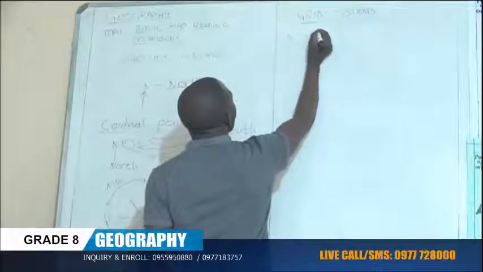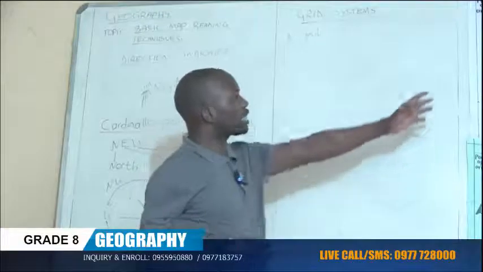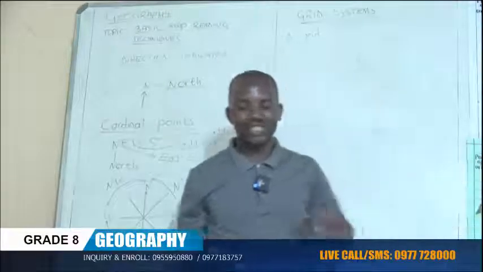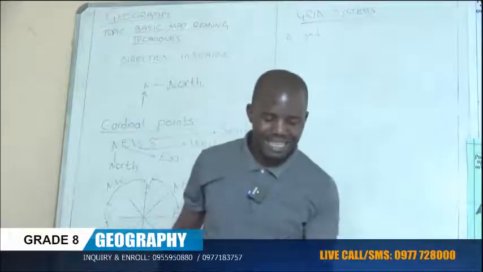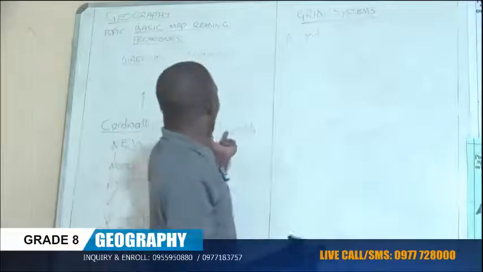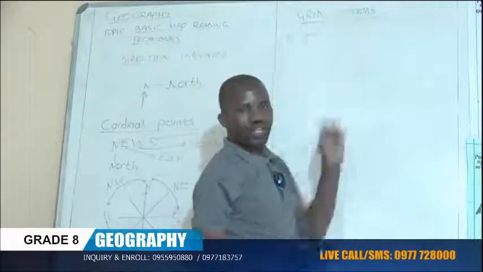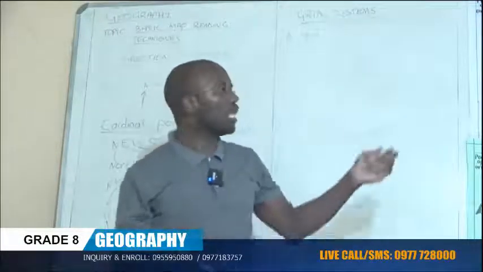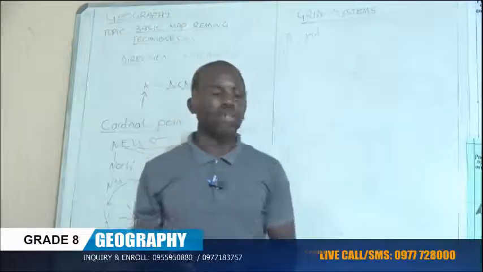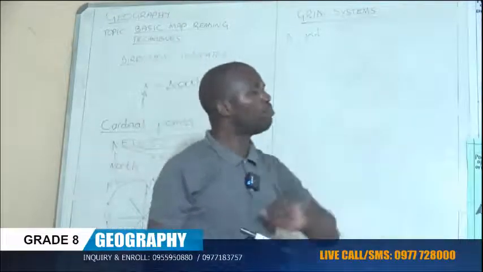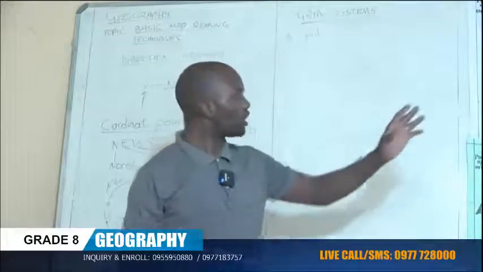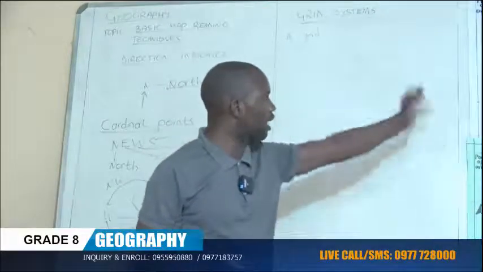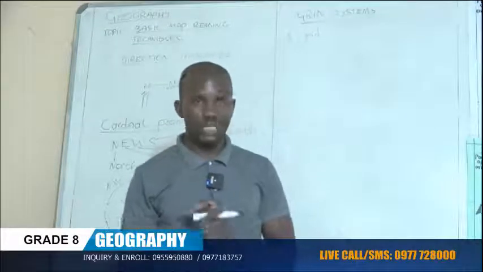Someone might ask you a question because we have got charts here which must be used. But before we use those charts, I want us to go to the so-called grid systems. When I explain the grid systems, then I shall give you what each map means here. Because the two charts that I've stuck here on the board are important for today's lesson.